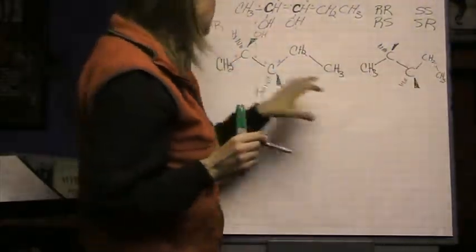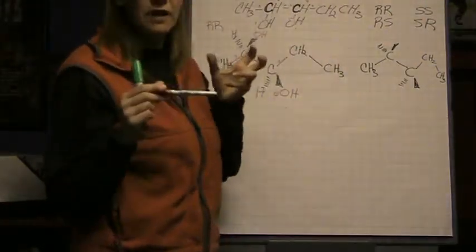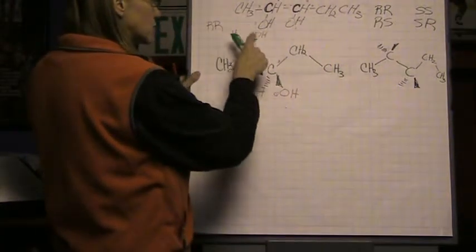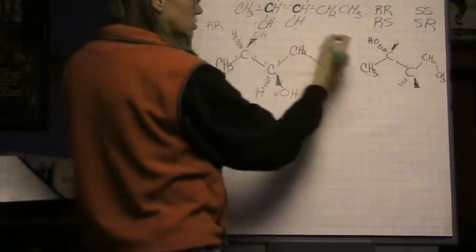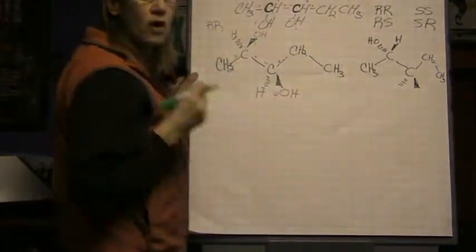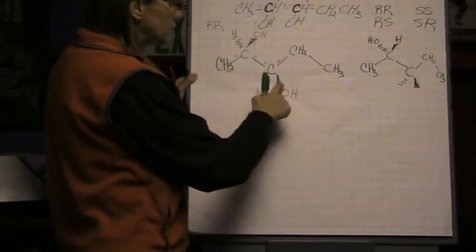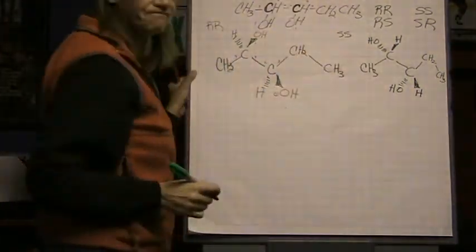Up till this point, I drew exactly the same drawing. So I couldn't mess up and accidentally reverse two things. Everybody's in the same place. I'm just going to switch OH from the wedge to the dash and H from the dash to the wedge. And I know now I haven't accidentally, by completely changing the drawing, reversed more things. OH from the wedge to the dash, H from the dash to the wedge. And this is then SS.